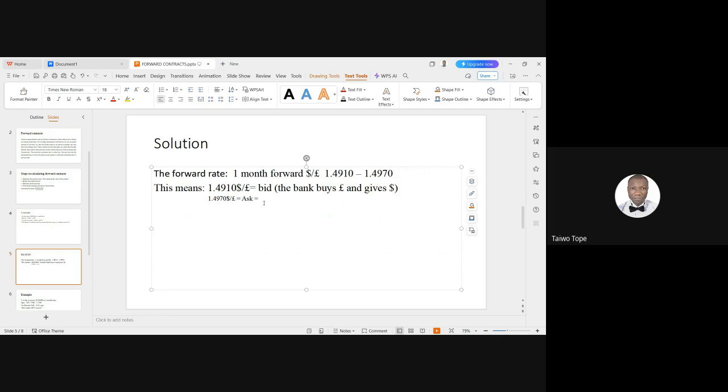We can say this can be interpreted as the bank sells pounds and receives dollars. That is the interpretation.